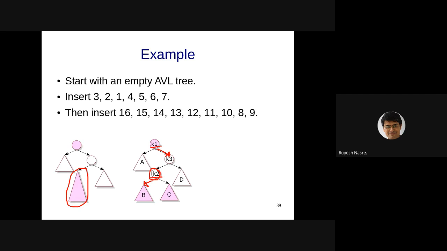K3 becomes the right child. K3 adopts K2's right child, which is C, and C becomes the left child of K3. K2's right child is K3. K2's left child remains B. So that is what Murari's level order traversal suggests.